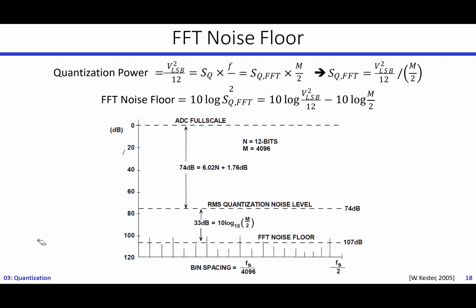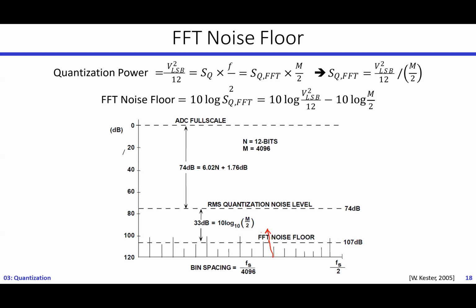The advantage is, what if I have some harmonic here? That's coming because of a bad thing in my system. If I have a lower-point FFT, this harmonic will be hiding within this high noise floor level.